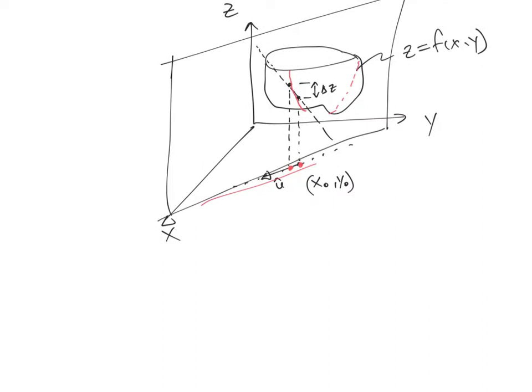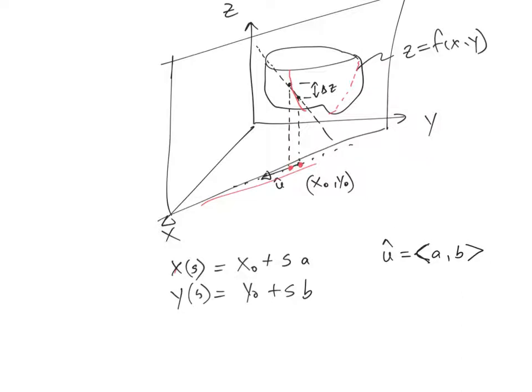So the equation for this line, I can write a parametric equation for this line. I need a vector parallel to the line, well that's u hat, and I need a point on the line, well that's x naught, y naught, right? So I can say x as a function of some parameter, and I'm not going to use t here, it makes more sense to use s, it's just a parameter, is equal to x naught plus s times a, y of s is equal to y naught plus s times b, where u hat is equal to ab.